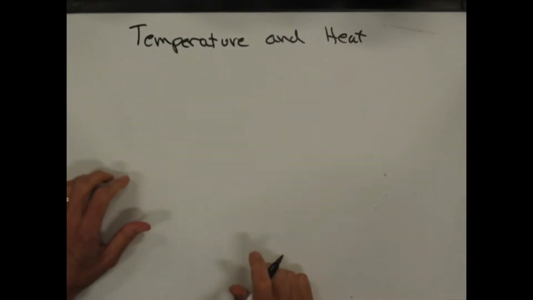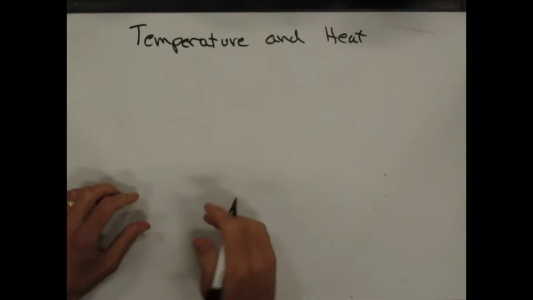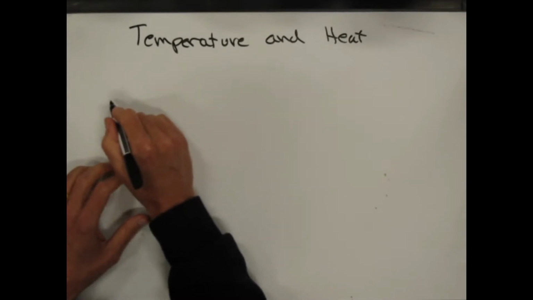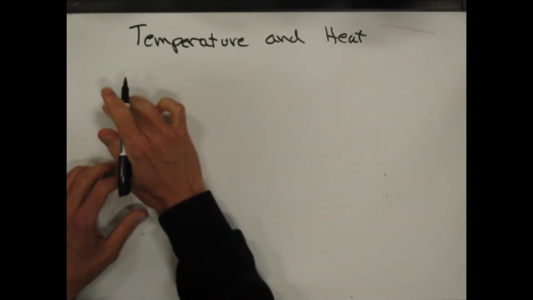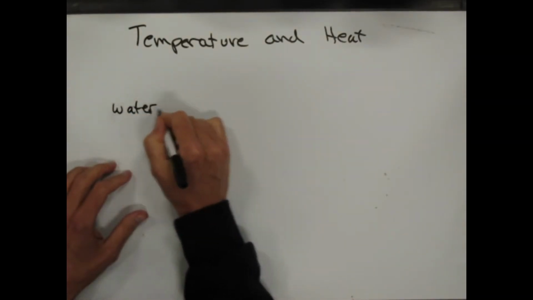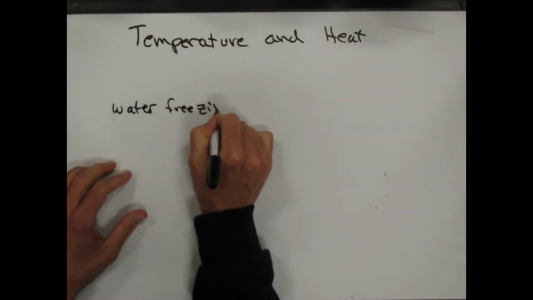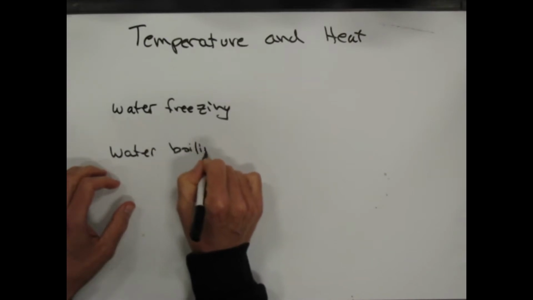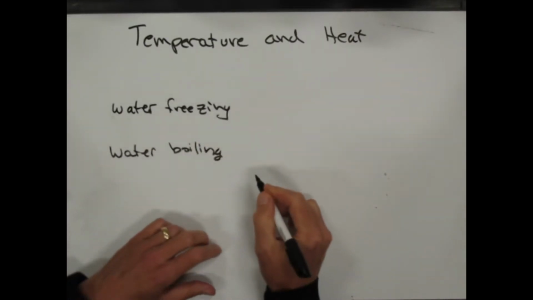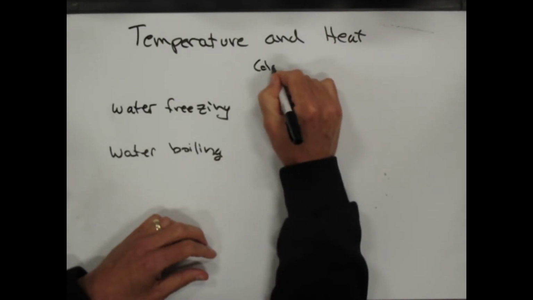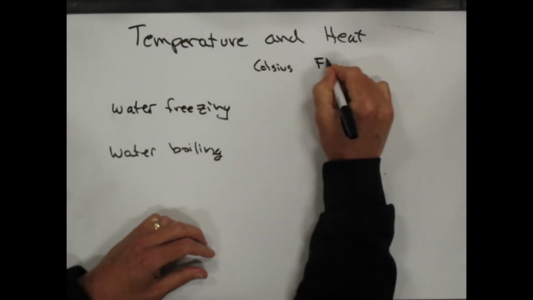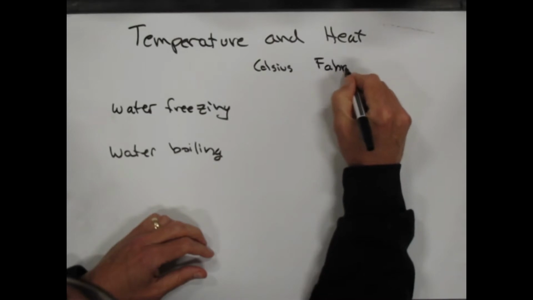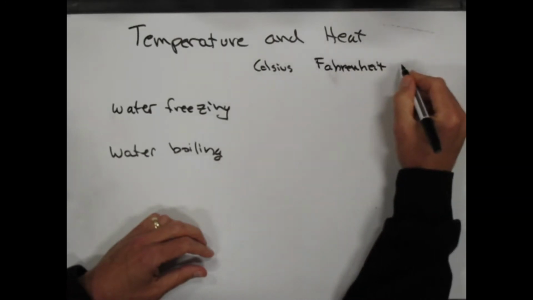So this chapter is on temperature and heat, and we'll start with temperature. You're probably familiar with the temperature scale, so if I give you the Celsius scale and the Fahrenheit scale, and maybe the Kelvin scale.